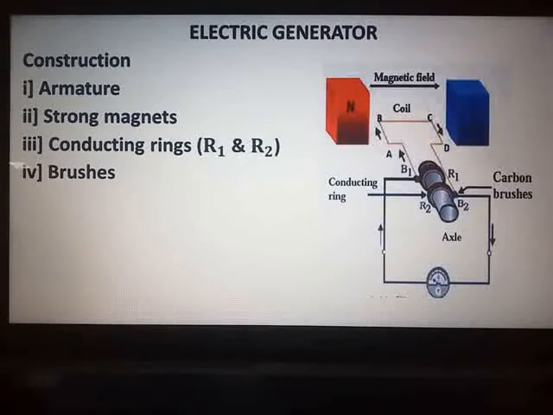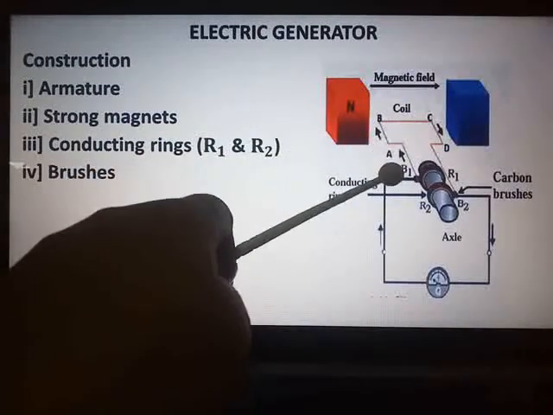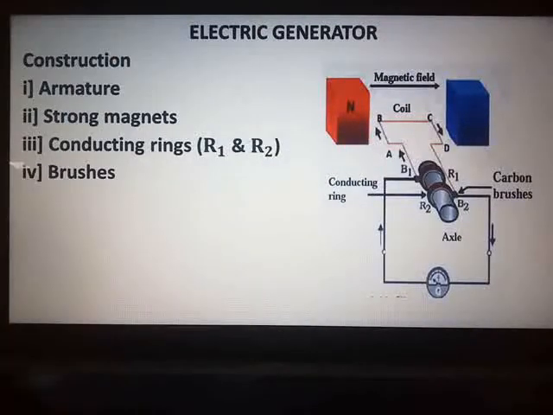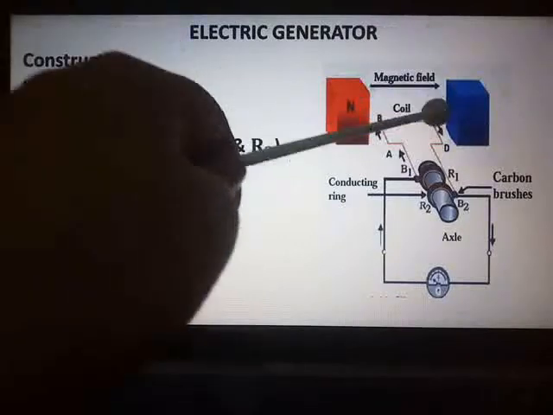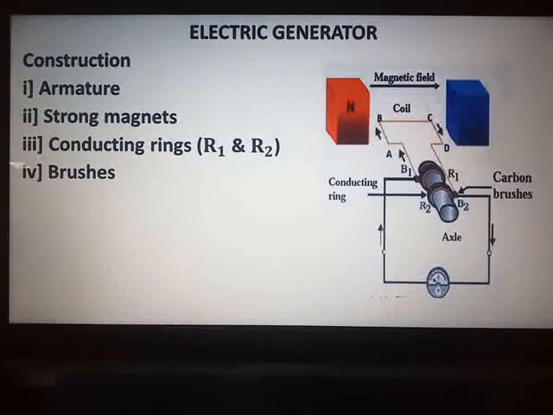Keep this in mind always: for the motor it is the application of Fleming's left hand rule, and for the AC generator it is Fleming's right hand rule, because if you write it vice versa, marks will be deducted. Now the current flows out through the first brush B1 in one direction in the first half of the revolution and then through brush B2 in the next half of the revolution, in the reverse direction.